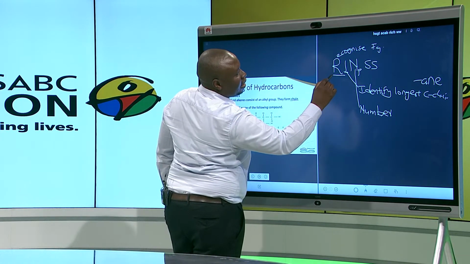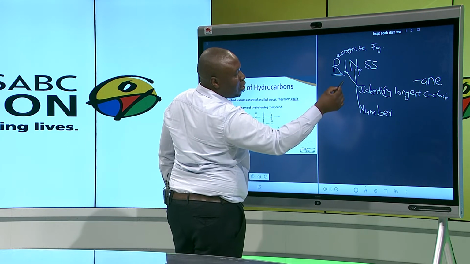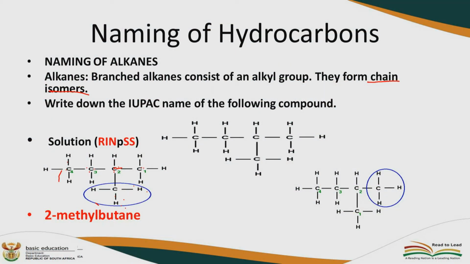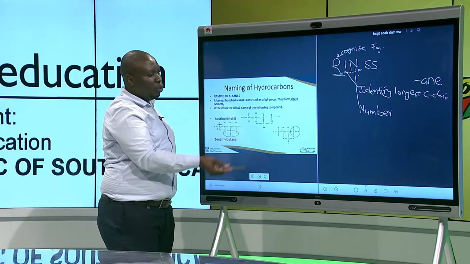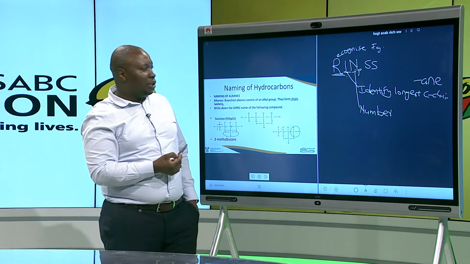Hence I said RIN. So you recognize the functional group, you identify the longest carbon chain, and after doing that, you number the longest carbon chain. You can number it this way, or you can number it that way, so you must find all possible ways of numbering or of looking for the longest carbon chain.